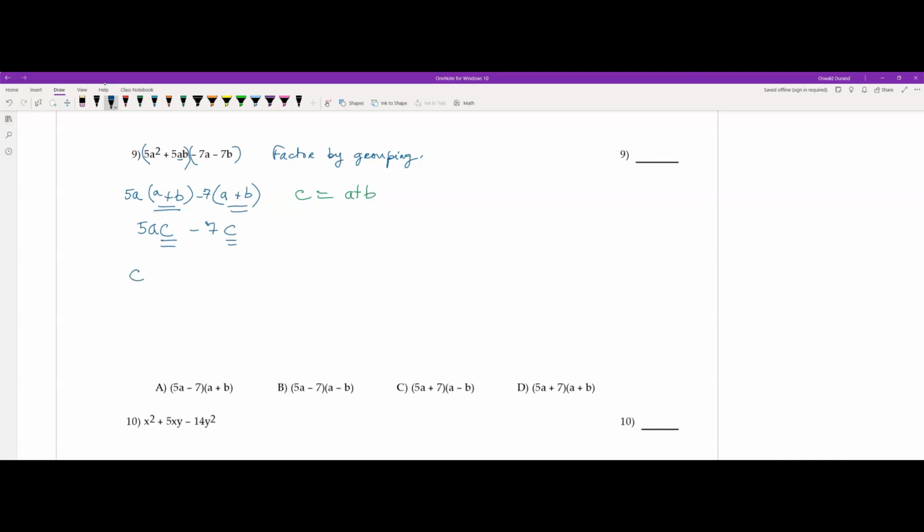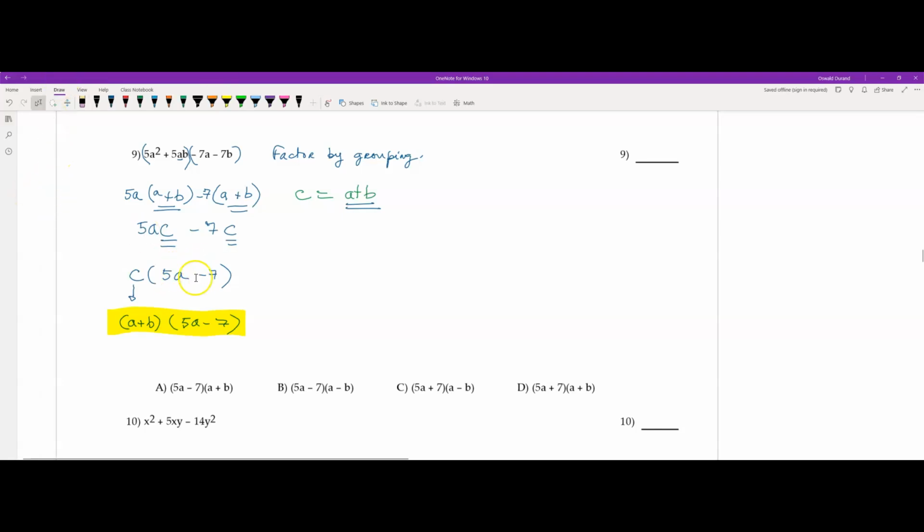So you factor out c times 5a minus 7. But you're not done, because you have to replace c with a plus b. So you're going to have a plus b times 5a minus 7. And that's it. That's your answer.